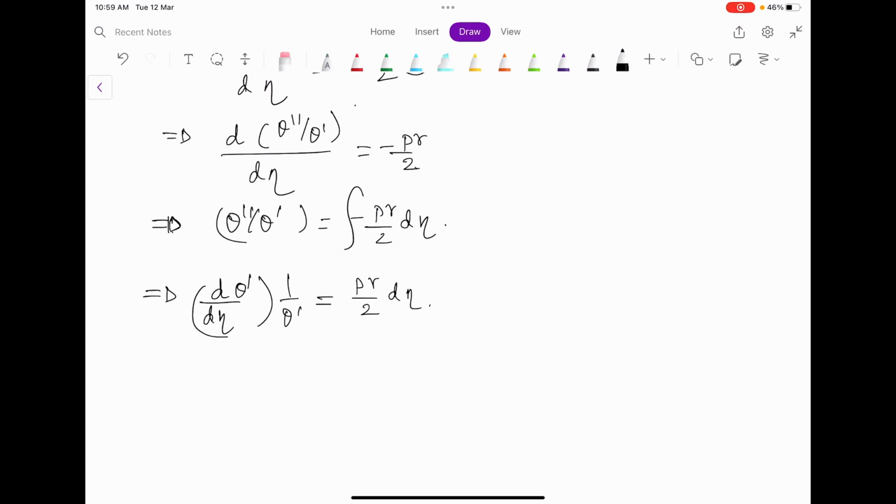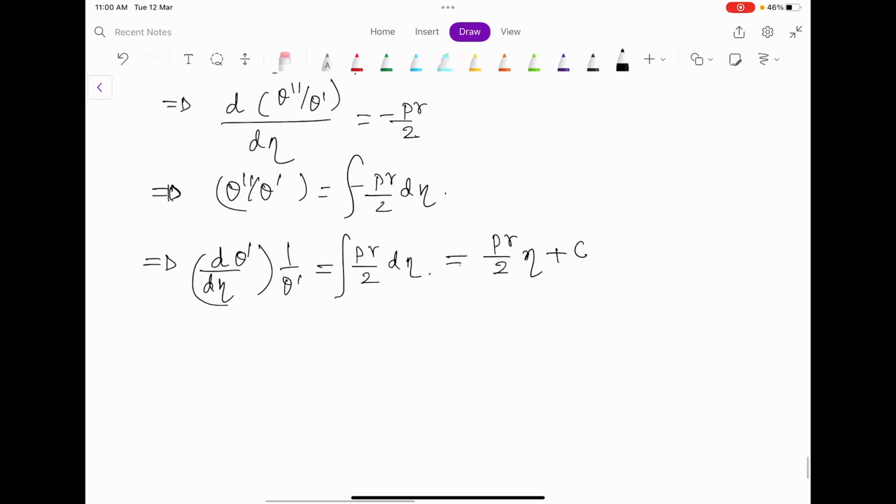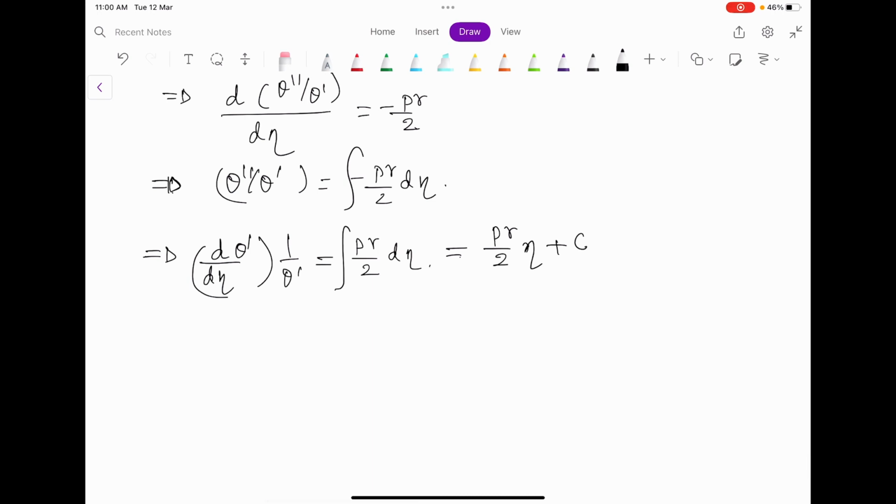Okay, so I had to integrate this, and this was Pr by 2 eta plus some c. And now I have it like this.